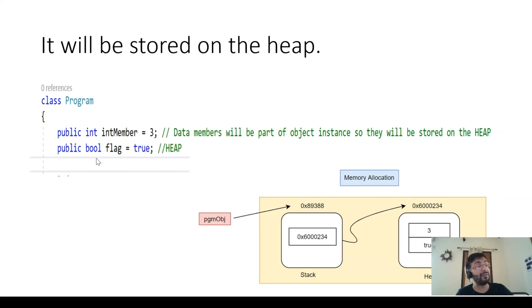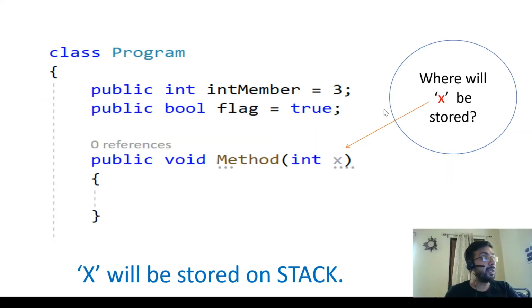But when they are inside an object, when they are part of an object, they will be allocated on a heap. This is a very important thing, and this is what an interviewer is looking for from you when he asks what is value type and what is reference type. The next important question the interviewer will ask: where will x be stored? Once x is declared inside a method, it will take its normal course.